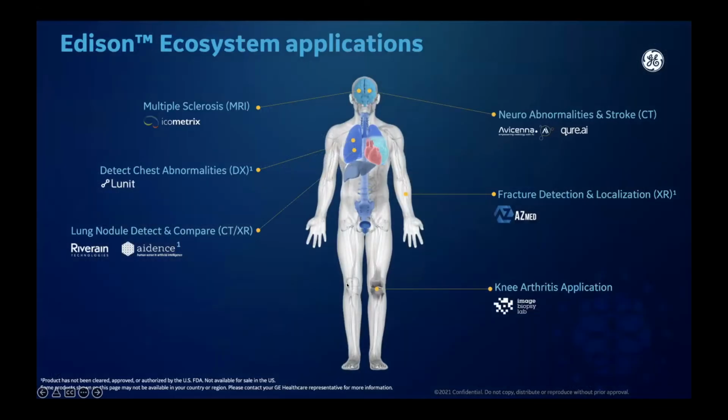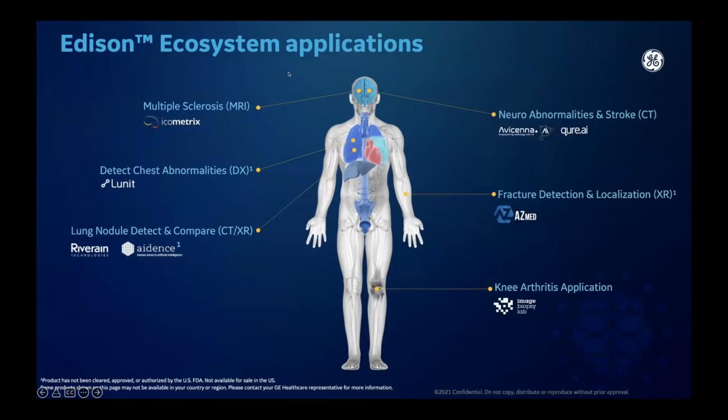So what are those AI applications? From the modality perspective, everything you see here in parentheses is a modality. Here I have, let's say, an MR modality, a digital X-ray, an X-ray, CT, and so on.